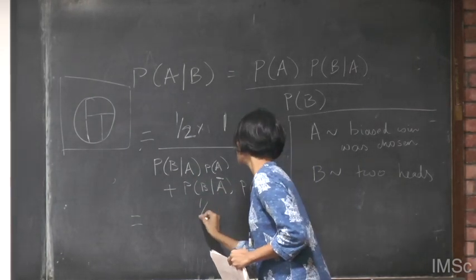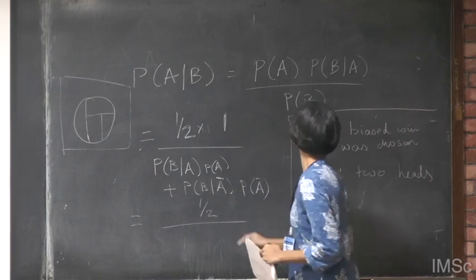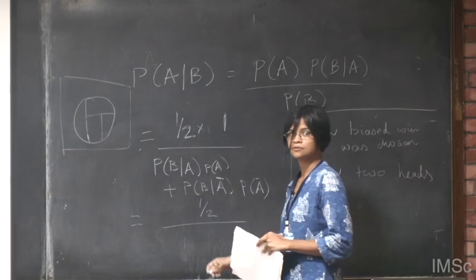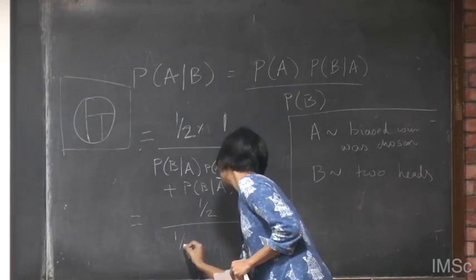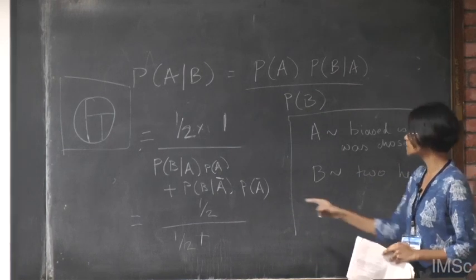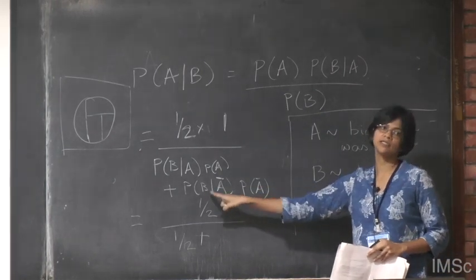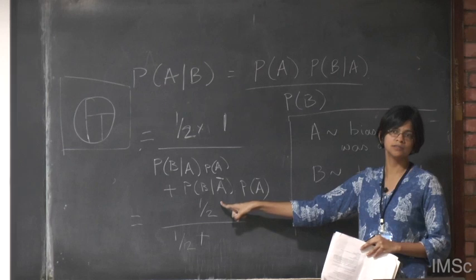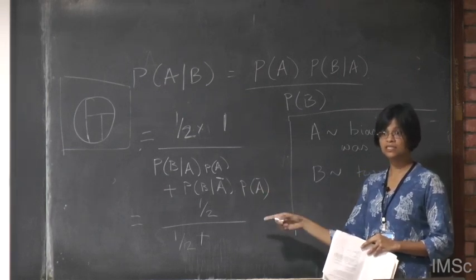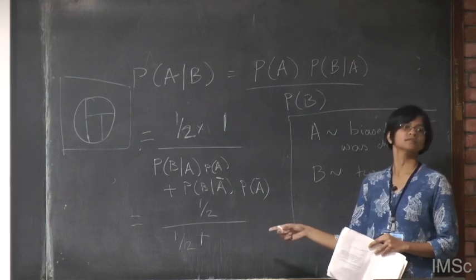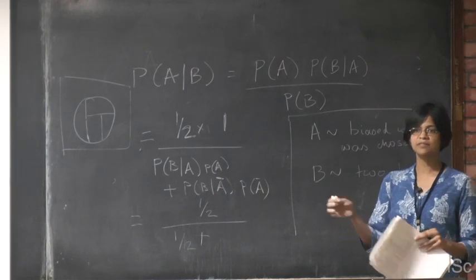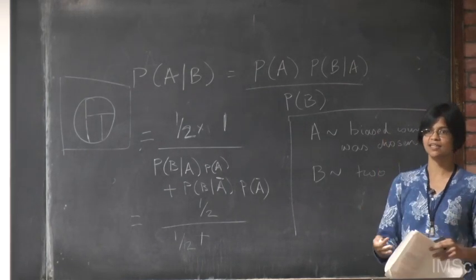So 1 times P of A, which is again 1/2, right? What about the A bar? What is the probability that you get 2 heads given that you have a fair coin? Just tell me. Eventually you have to get 0.8 if he's right.